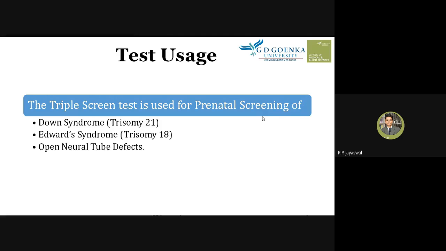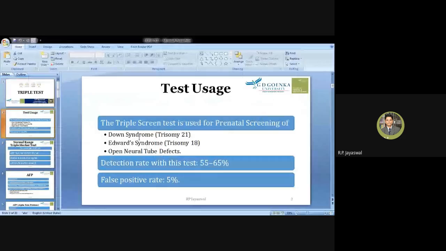By doing this test, we can screen these conditions like what we discussed.